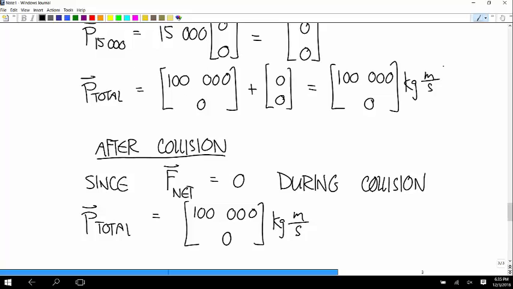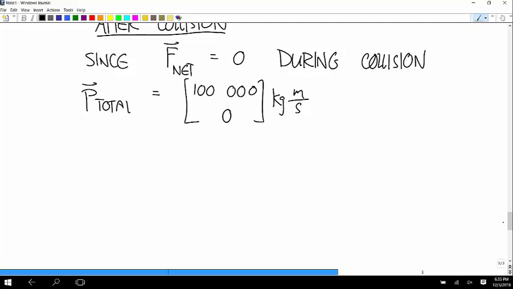Okay, so what does that tell us about the velocities of the individual cars, which is what we really want to know? But the key thing here is, we do know that after the collision, the total momentum has to be 100,000 for x, 0 for y.